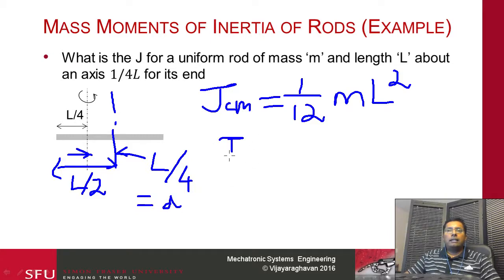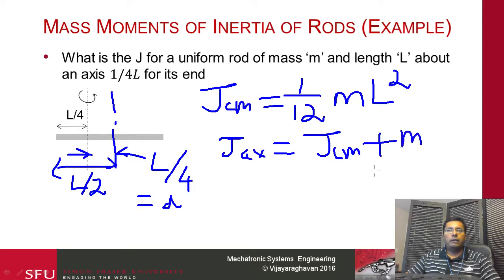So my J axis is going to be J_CM plus M, and then D I substitute as L over 4. Really important, this needs to be L over 4 the whole squared.